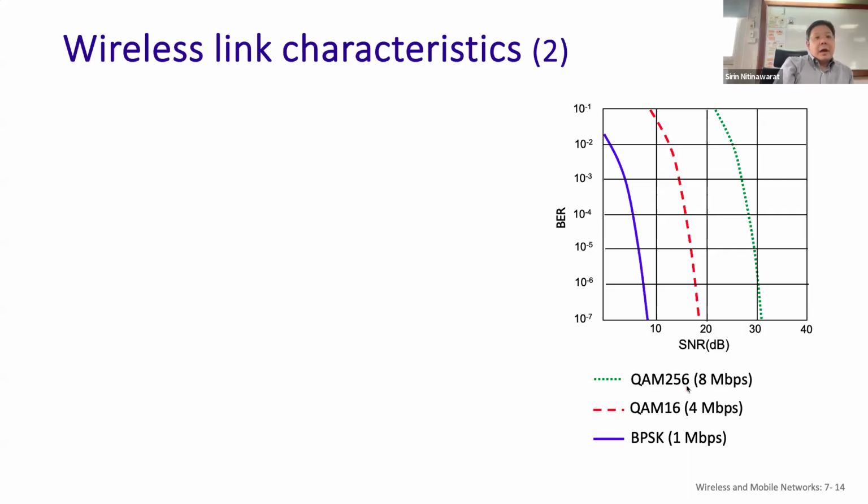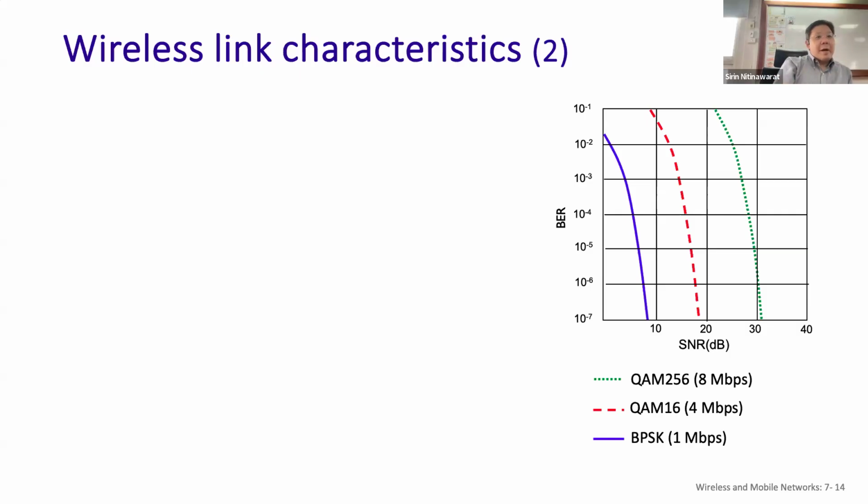For 16 to 256, what can you observe from the numbers? 16 is 2 to the 4, right? 256 is 2 to the 8, right? Pardon? Binary, yeah. So at the bottom is binary phase shift keying.